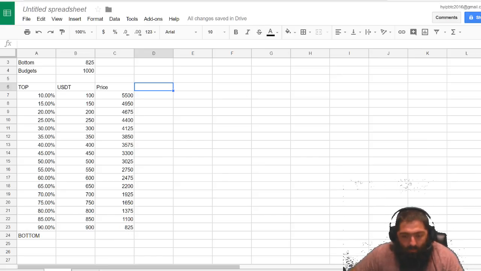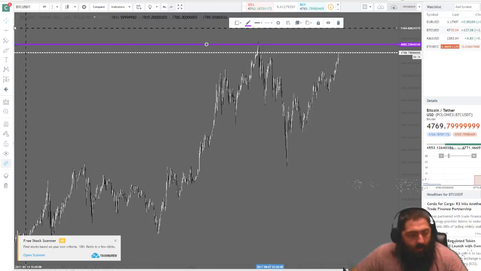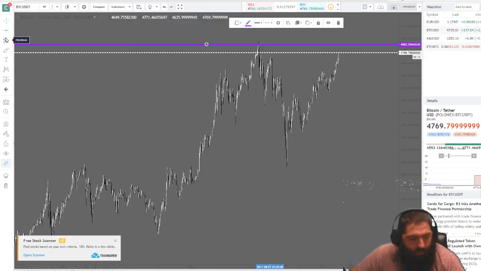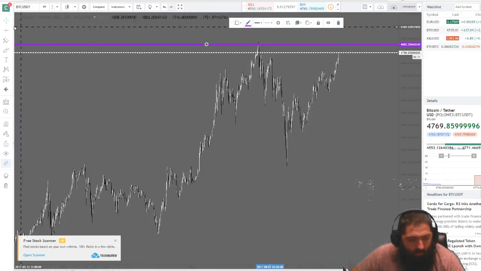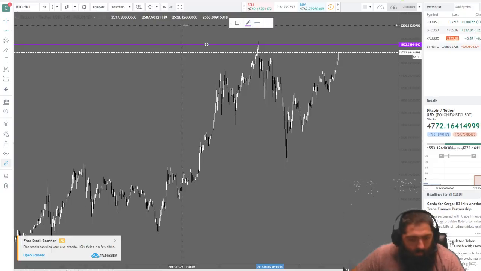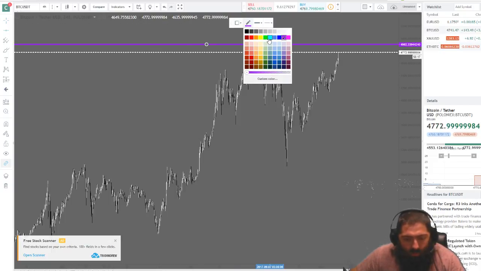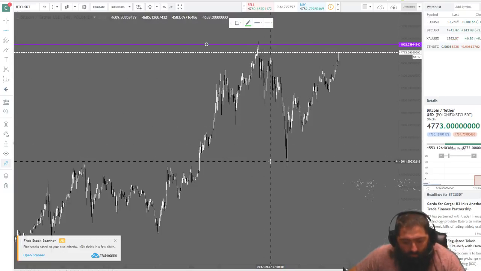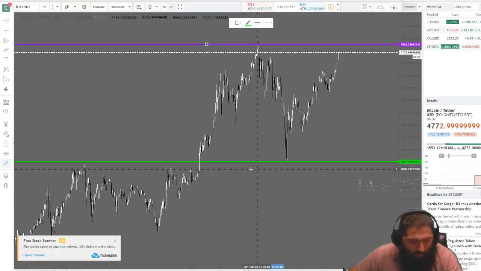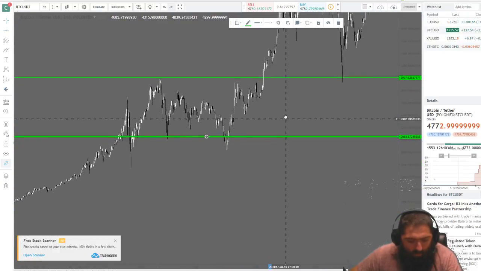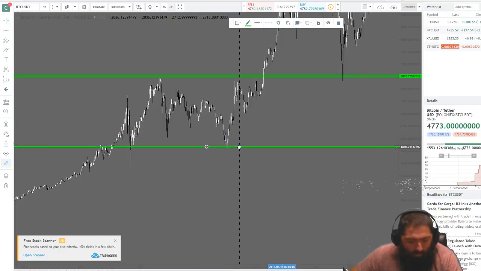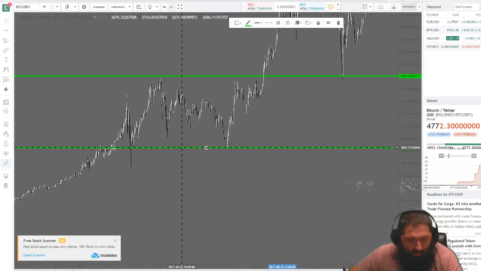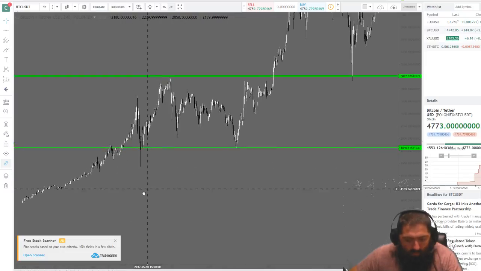So now we go back to the chart, and let's add some more. Now we're going to change it to green, and we're going to mark up some of our dips. So right here's a dip. That's not where I want that, but we'll put it right there because we touched there and we touched there. So that's a good dip.